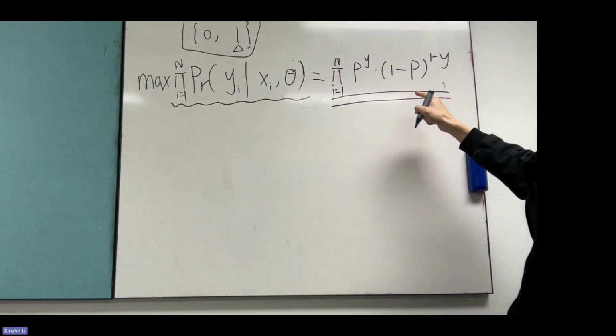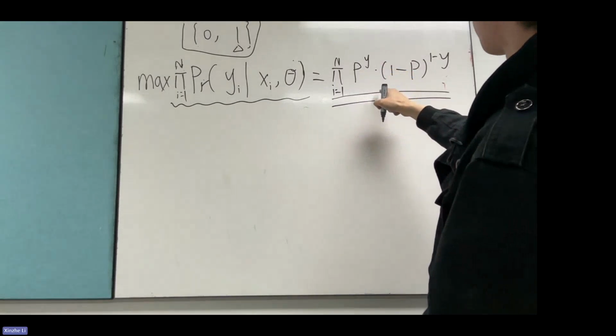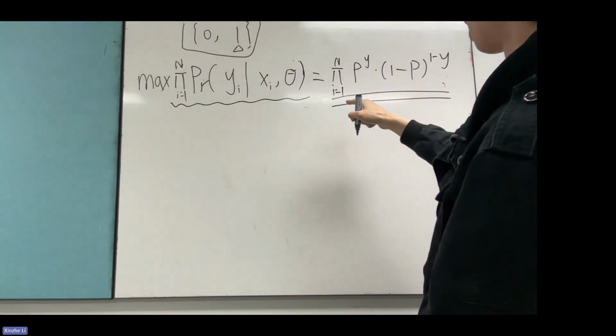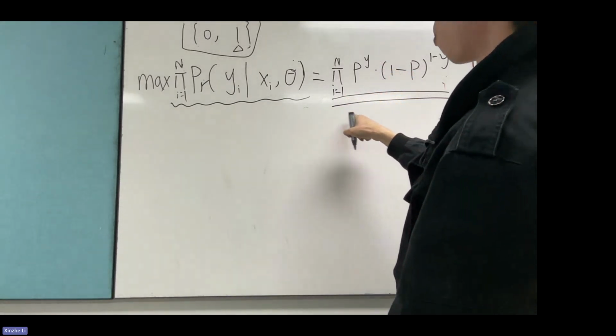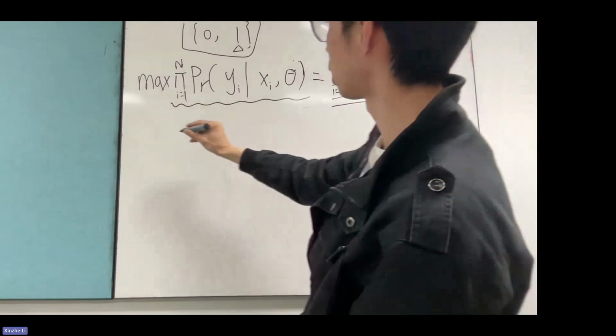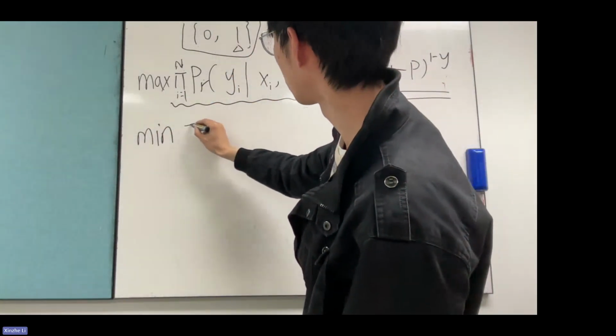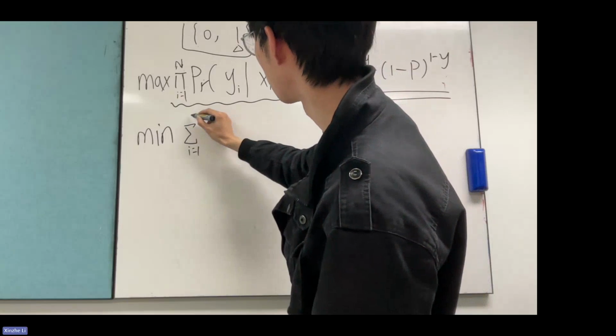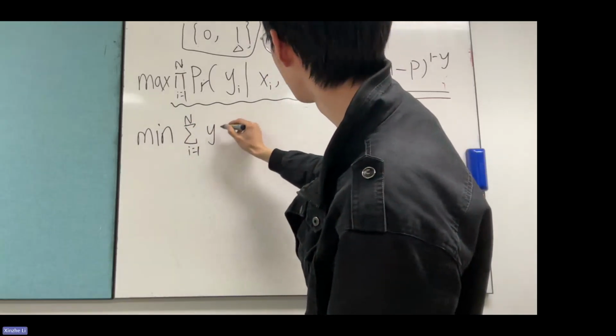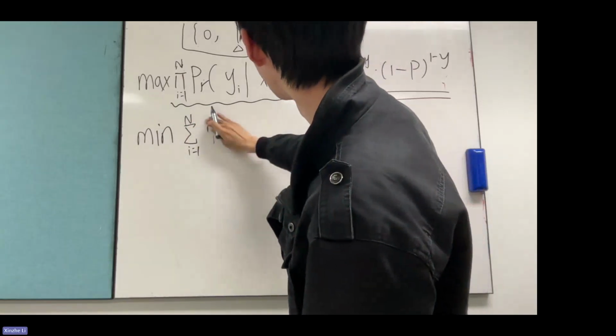If we want to solve this, I can simplify this first. Remember, if we want to maximize this likelihood, it is equal to minimizing the negative log likelihood. So actually, it's equal to a summation rather than a product. Let me take the log.